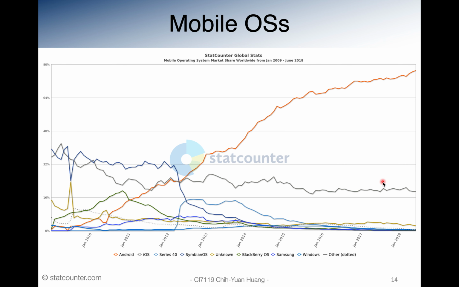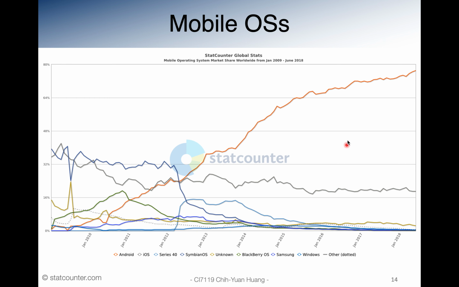This is another statistic calculating the market share of the mobile operating systems from 2009 to 2018, and there are different lines here. One of the most important and obvious lines is this orange line, and that indicates the Android.